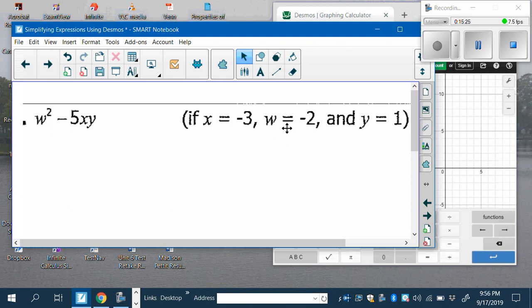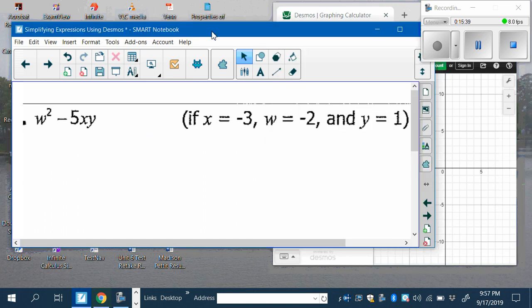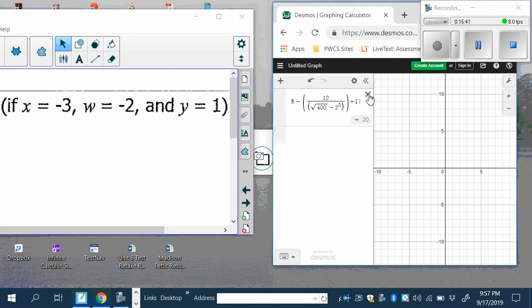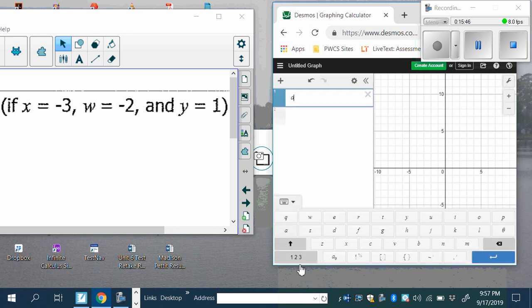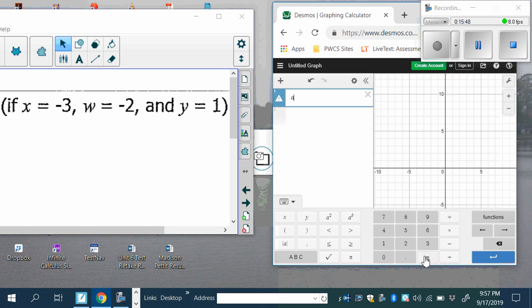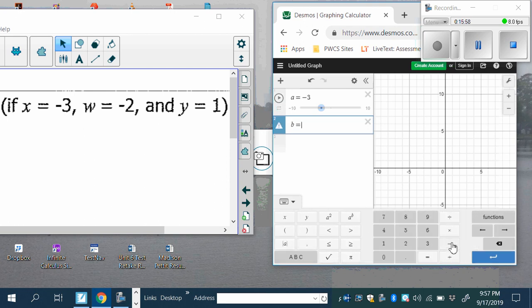Okay, so now we have X, W, and Y. Remember, I'm going to change these to A, B, and C just to make life easier for me. So let me move this over. I'm going to do A is equal to -3. B is equal to -2.